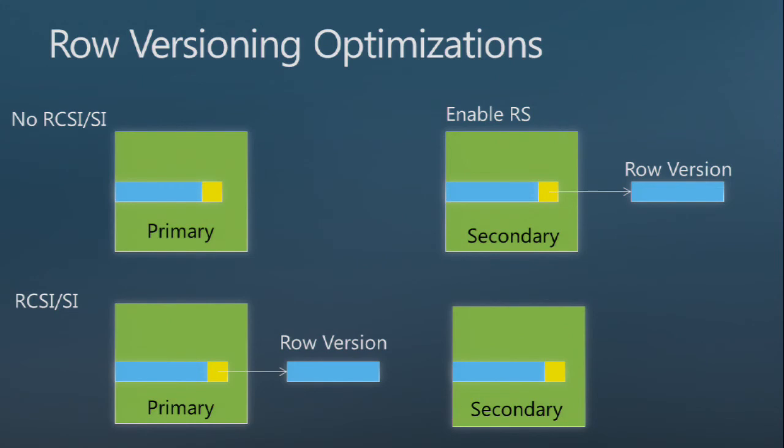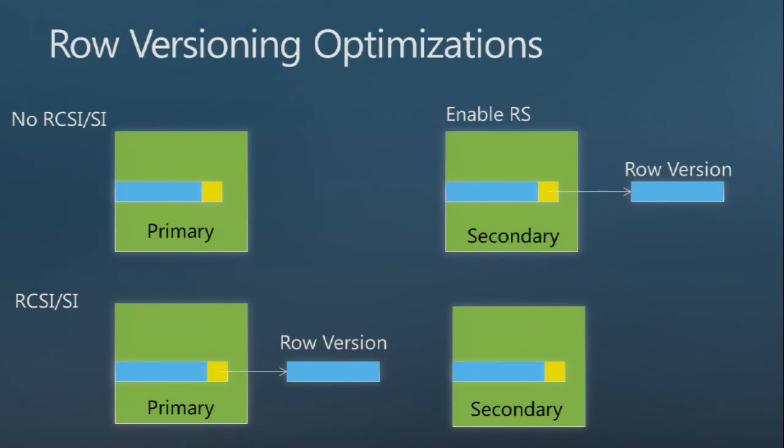In that case, independent of your secondary replica, your primary node is going to add 14 bytes to the rows and is going to be generating all the versions that are needed to run the transactions under snapshot isolation or RCSI.